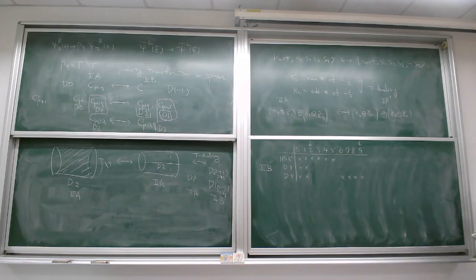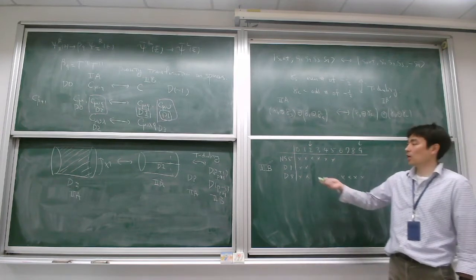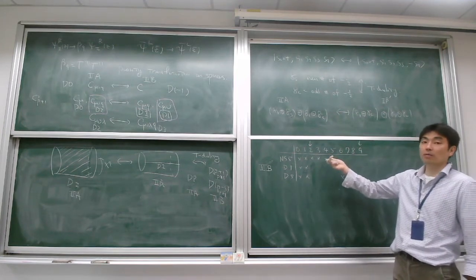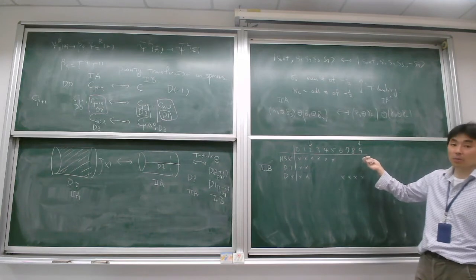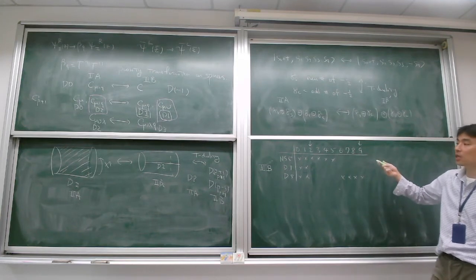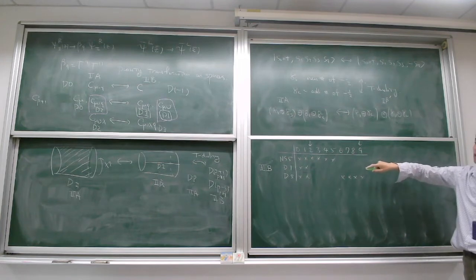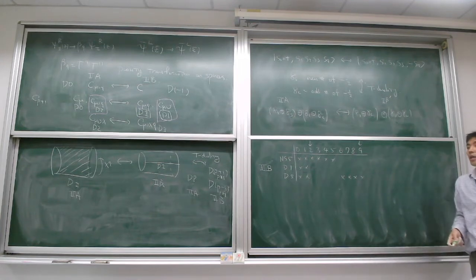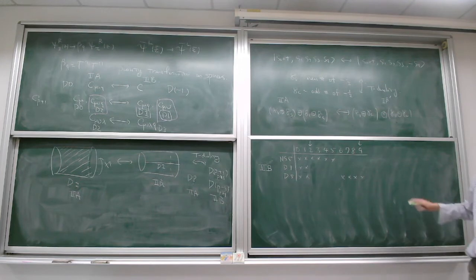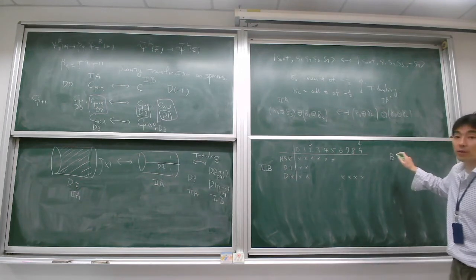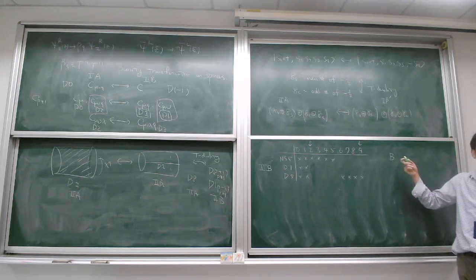And this D1, D5 configuration, especially, but the NS5 brane is intact. Nothing will happen to the NS5 brane. It's the magnetic dual of the fundamental string. So the fundamental string is also coupled to the B field. Okay? B field. So this is the NS sector.